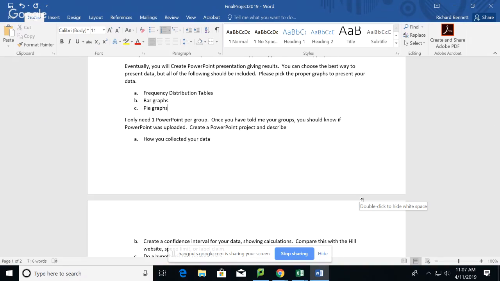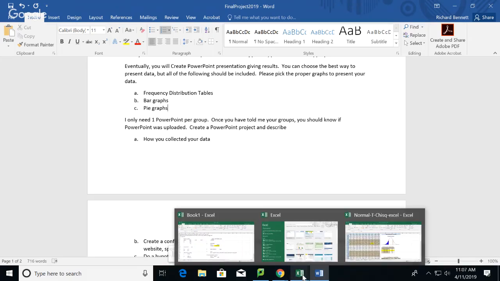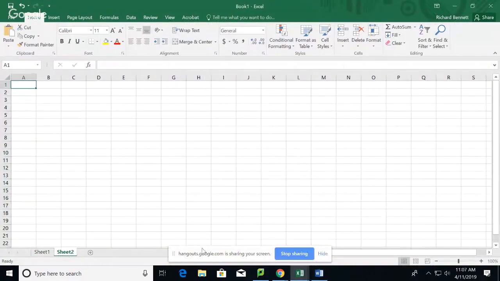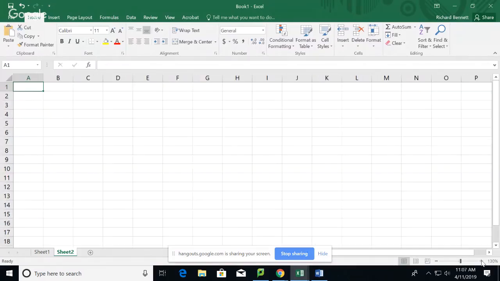Because what we just did, it works out perfectly. Let me try this one. Let's do a one proportion, okay? I like this one because it's not going to be 50%.